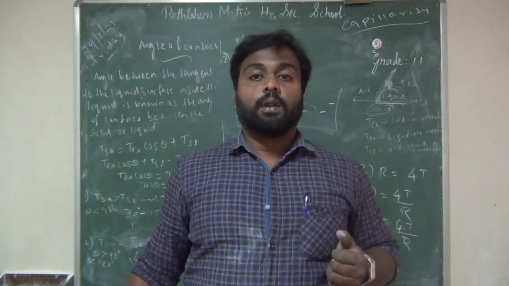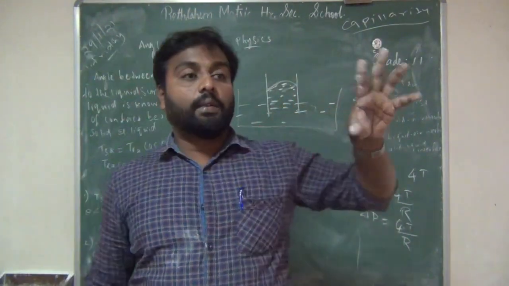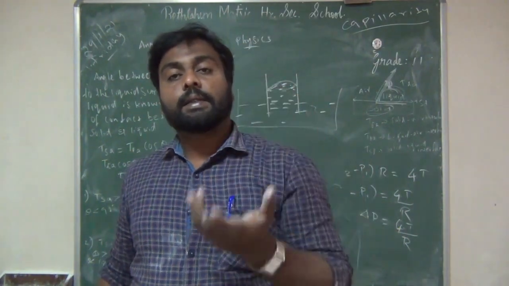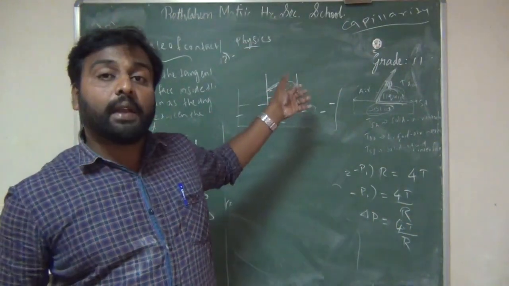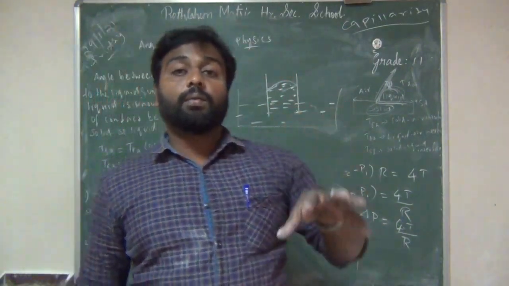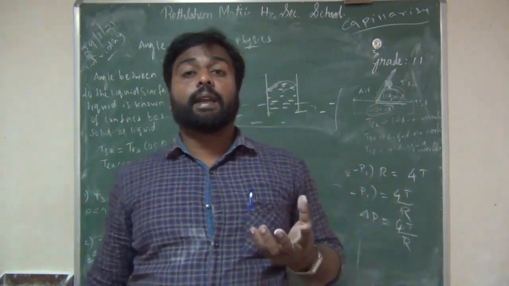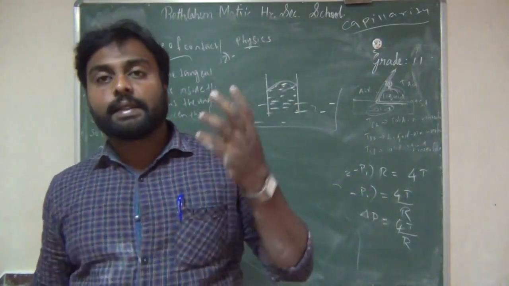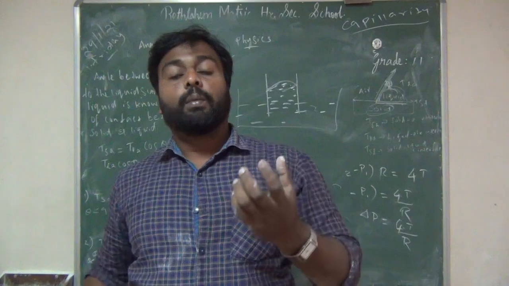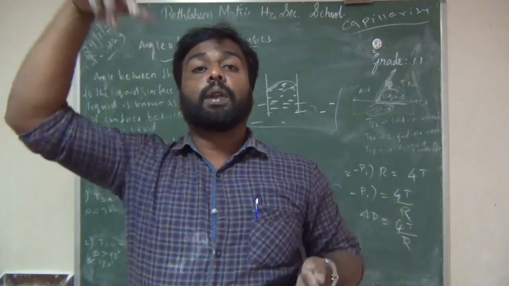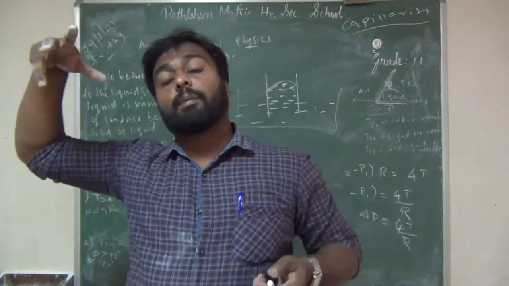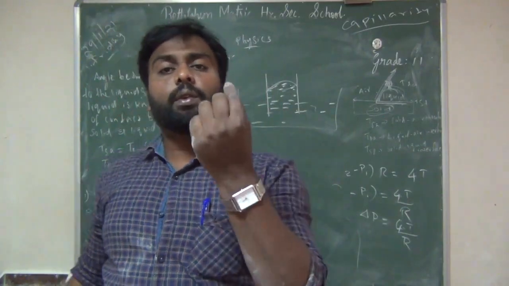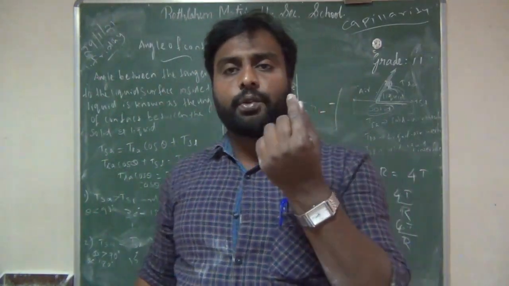So, two things: the angle of contact inside the tube which is less than 90 degrees gives capillary rise, and the angle of contact which is greater than 90 degrees gives capillary fall. With this capillary rise or fall, the liquid inside the capillary tube will either rise or fall.